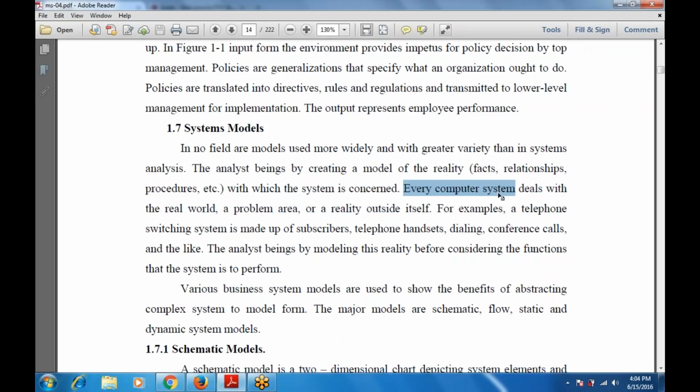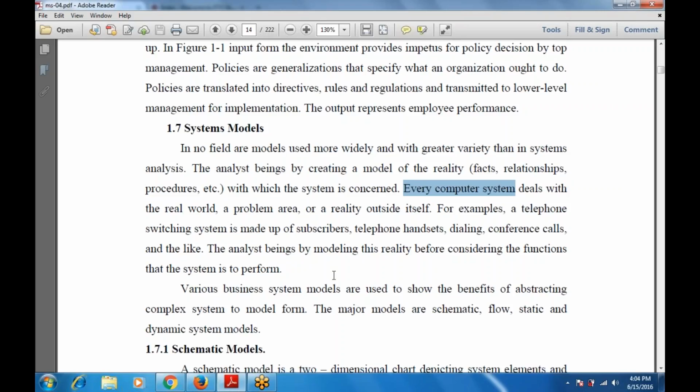Every computer system deals with the real world, which means it deals with the outside environment, a problem area, or a reality outside itself. For example, a telephone switching system is made up of subscribers, telephone handsets, dialing, conference calls, and the like.